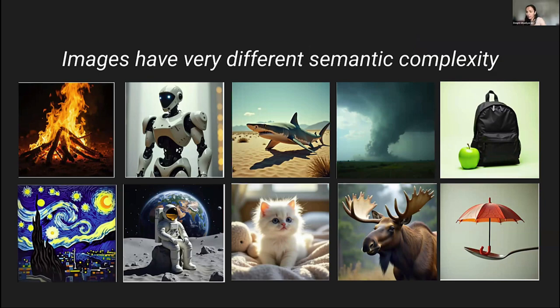Take a look at this image where though the bag is nicely detailed, the background is quite plain. And compare that with this painting, for example, where almost every corner of this image is very fine grained, highly detailed.